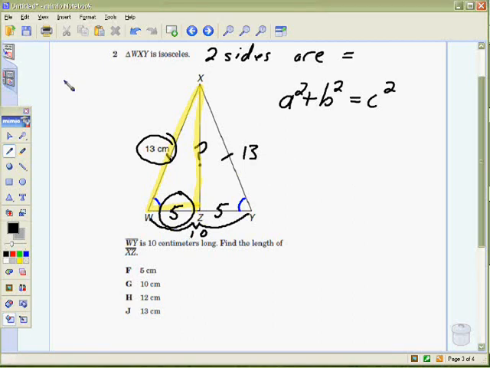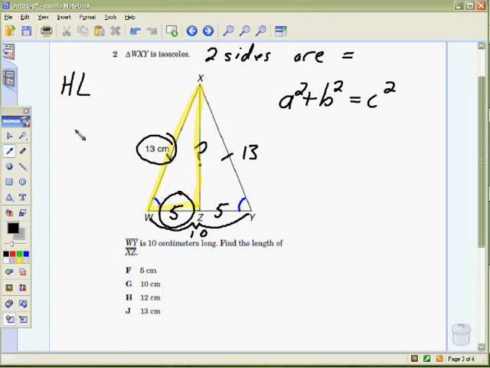In geometry, we have a theorem called the hypotenuse leg theorem, which means if the hypotenuse of one triangle is congruent to the hypotenuse of another triangle, and a leg of one triangle is congruent to a leg of the other triangle, then the other two legs are also congruent.